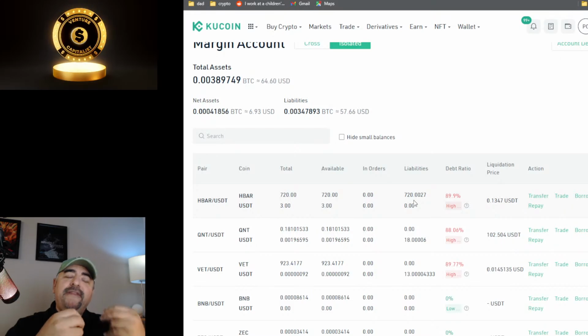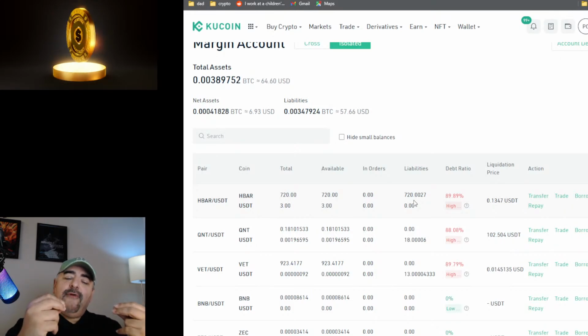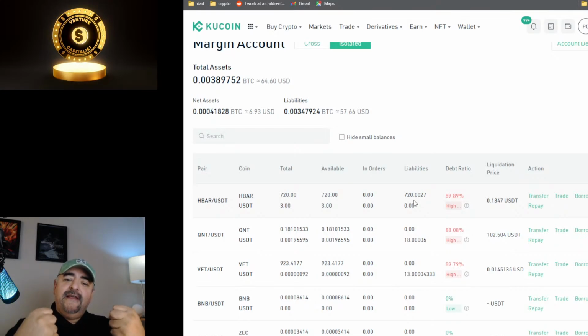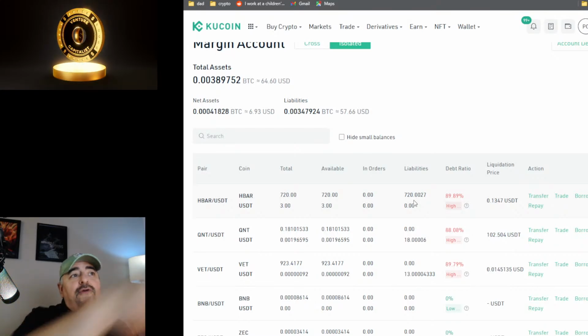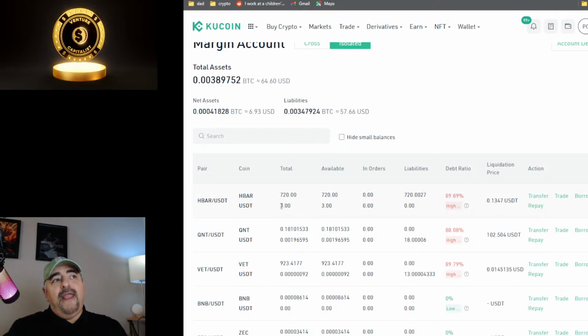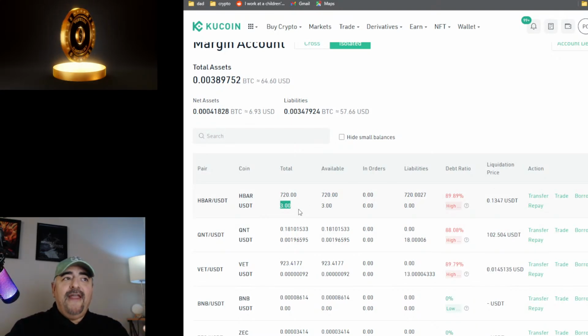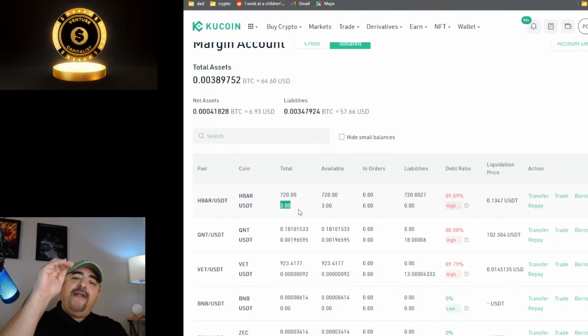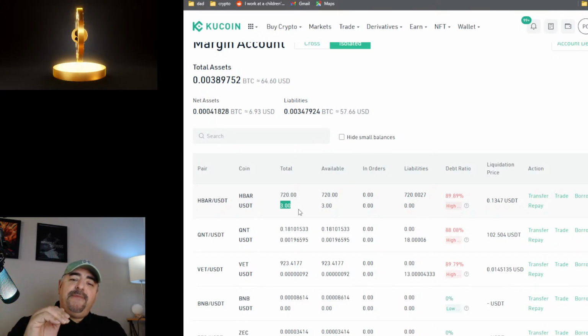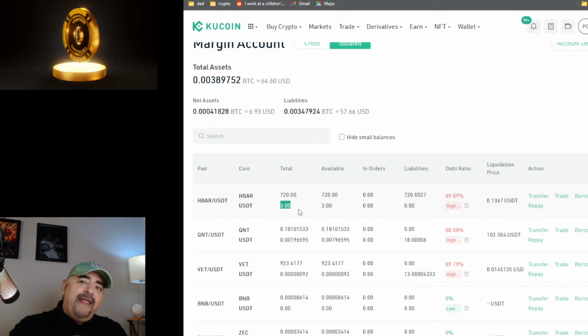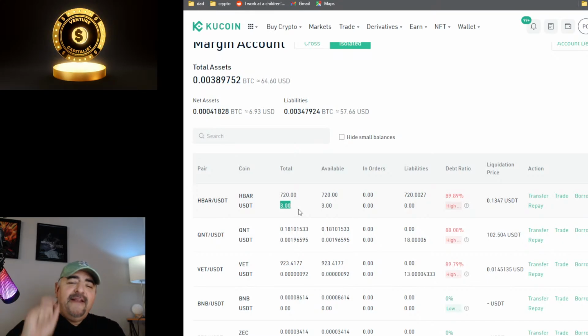I'm borrowing the HBAR at a high price, and I'm going to sell it at the high price so that I have USDT, which is going to go back into my USD column down here. And I'm going to hold that there, and I'm going to let the HBAR price go down, and when it becomes cheaper, I'm going to rebuy it at the cheaper price and then give it back to KuCoin, right?